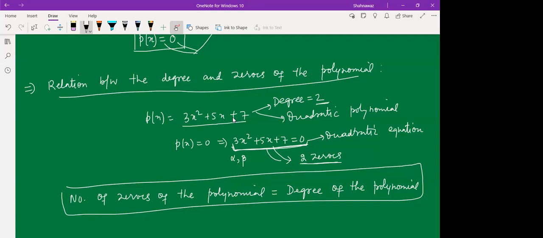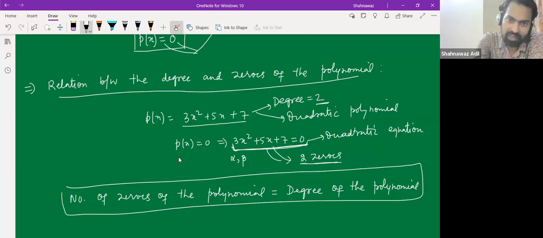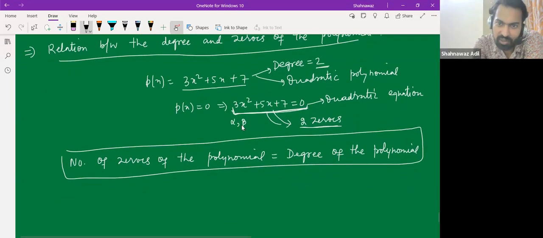I will get 0, because these are the zeros of the polynomial. So if I put back alpha and beta in this polynomial, then I will get p(x) equal to 0, right?